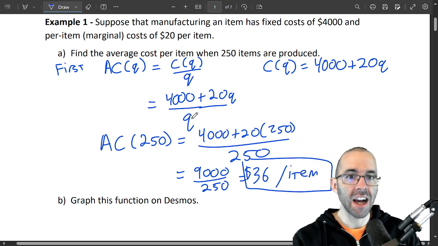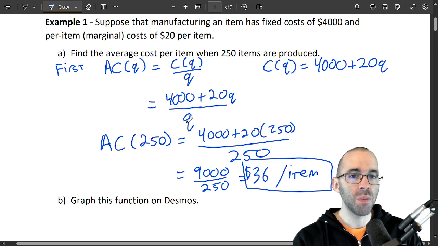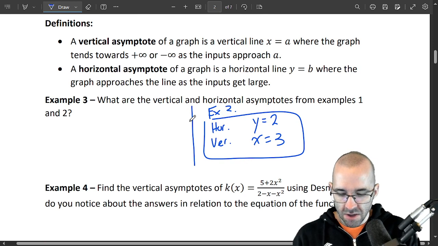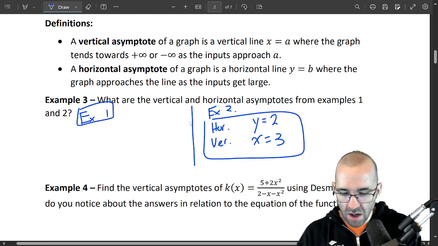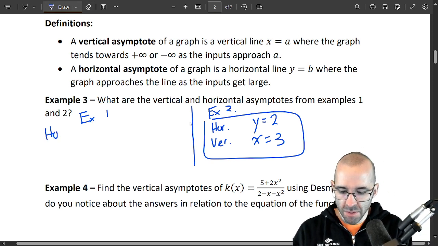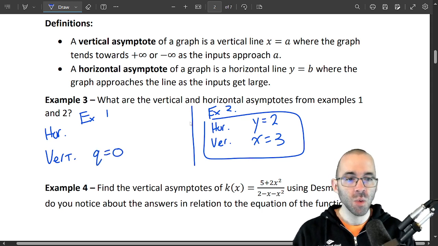That was our vertical asymptote, was when our input went to 0. So in example 1, I'm not going to box that. In example 1, right, our horizontal asymptote, let's skip that. Our vertical asymptote was when our input was 0.